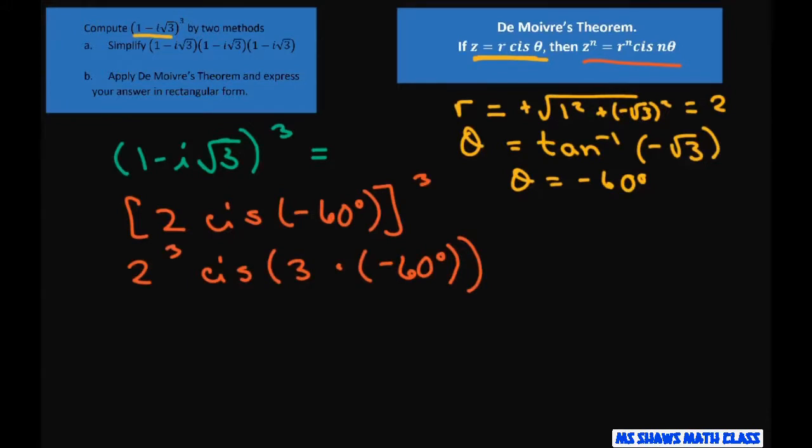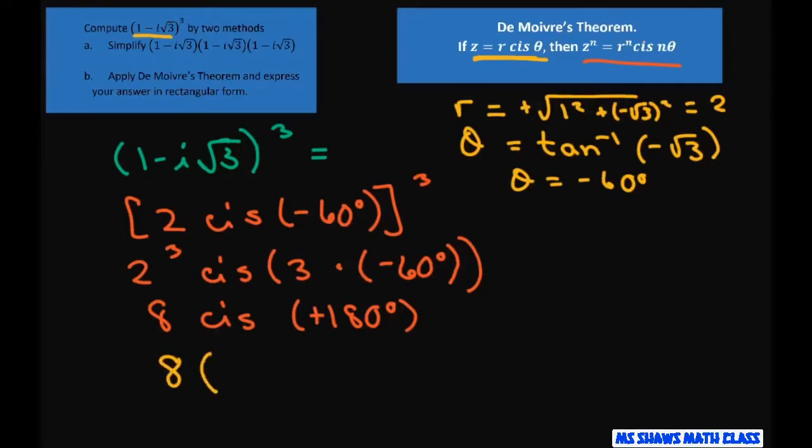And this gives you 8 cis of -180 degrees. If you want to make that coterminal, you can just put a positive there because you add 360. So simplifying this, you'll get 8.